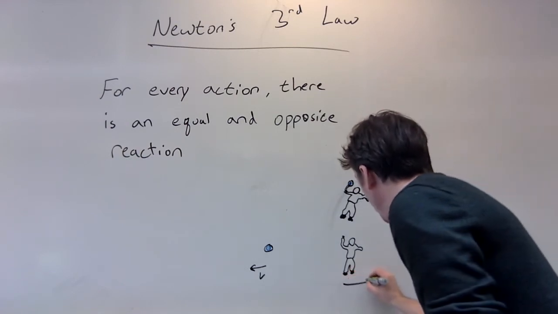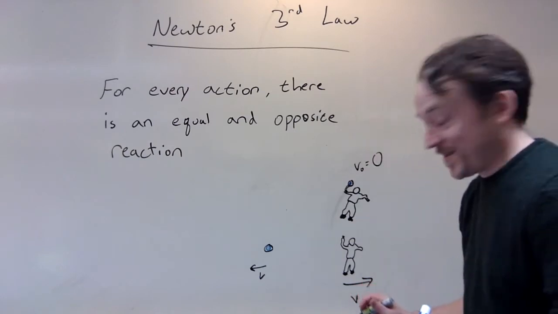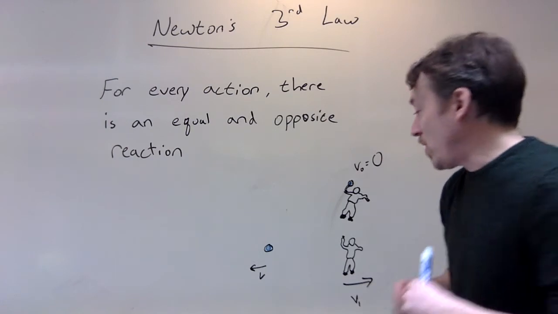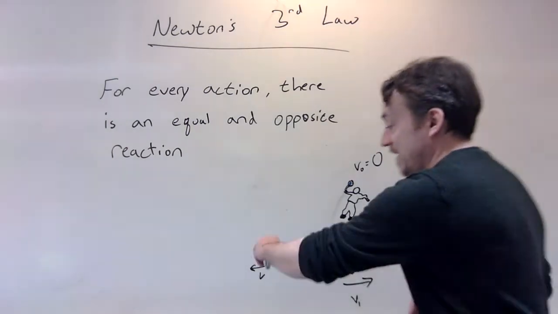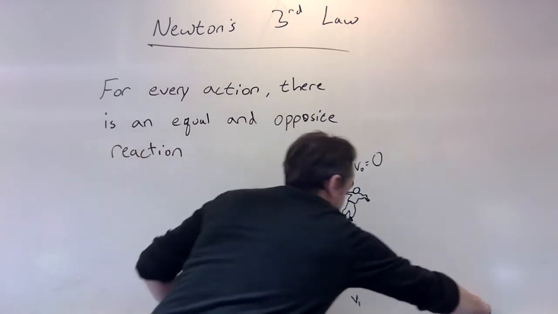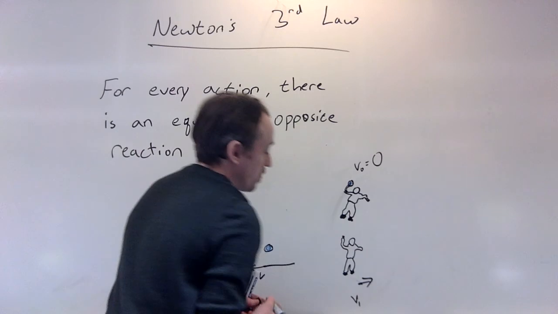But now he's got some velocity in the other direction. The ball weighs a lot less, so his velocity is going to be a lot less than the ball's. So let's get that straight here and make these values somewhat more proportional.